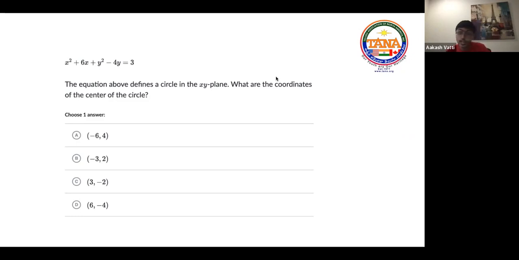If you don't know how to do this, just say I don't know. Or if you got your answer, just put it in the chat.